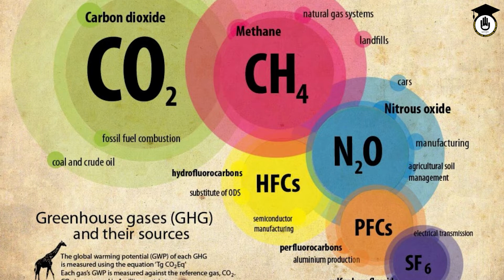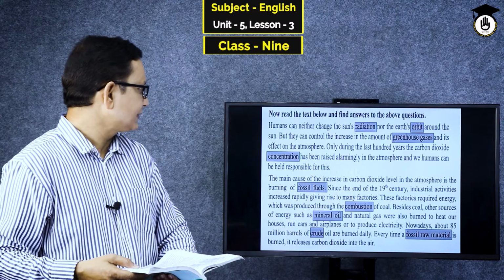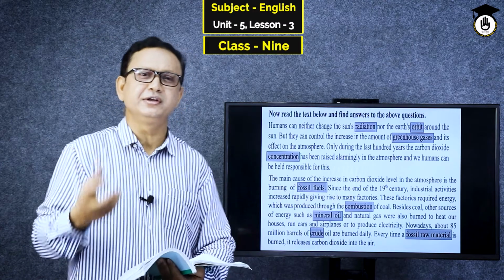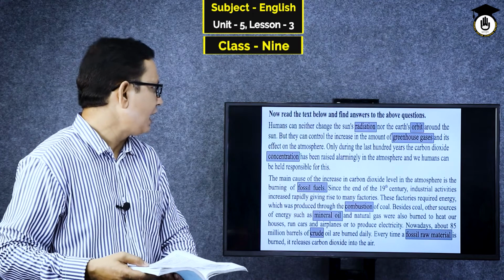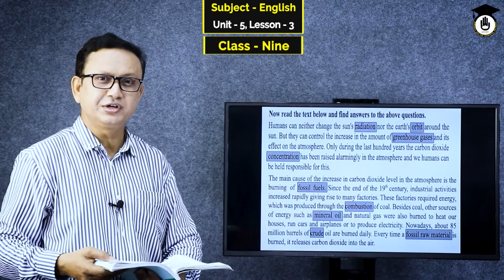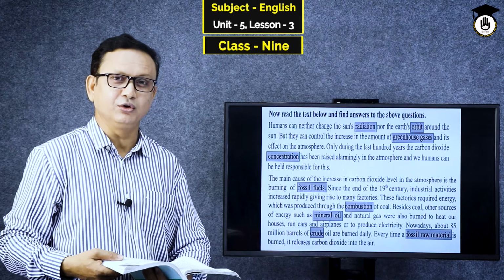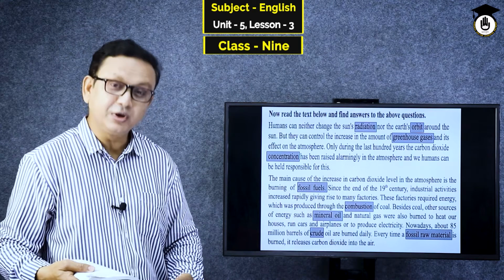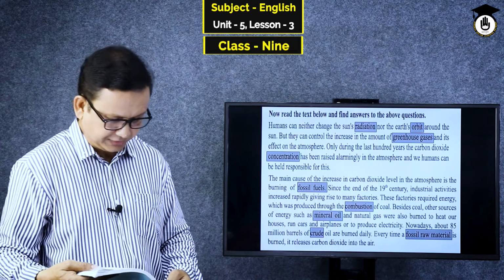These gases include carbon dioxide, nitrous oxide, water vapor, ozone, methane, etc. These gases are increasing nowadays in large amounts, and they are creating a great effect. They are also increasing the global temperature. So let's see next.